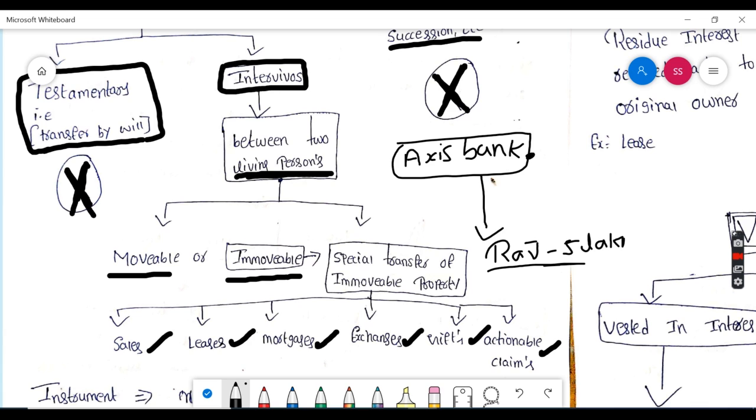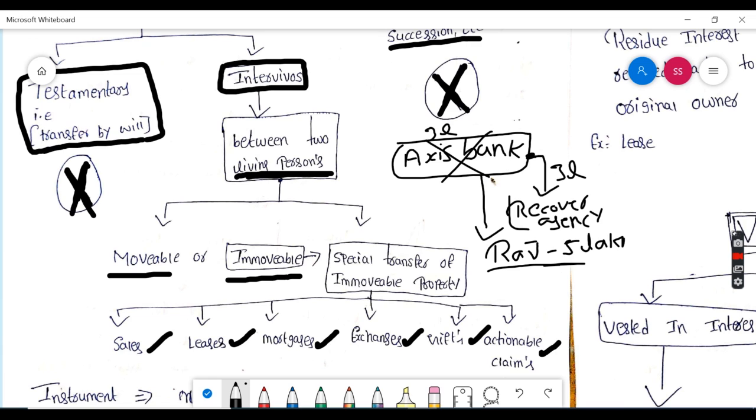So that's why they will sell this to some recovery agency for 3 lakhs only. Axis Bank will get 3 lakhs, then the remaining 2 lakhs will be considered a bad debt, and they are done with it.